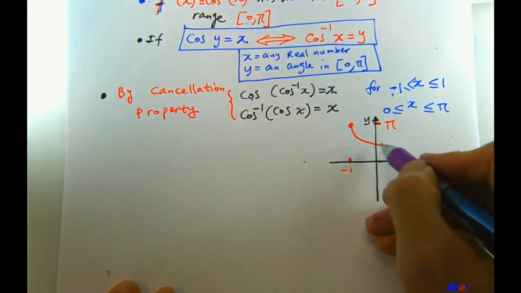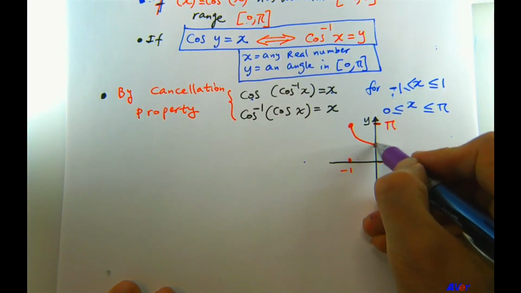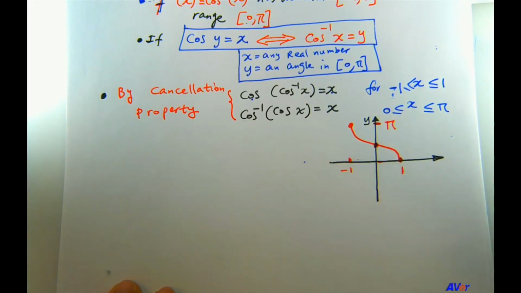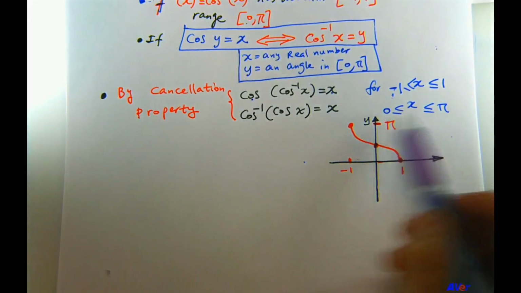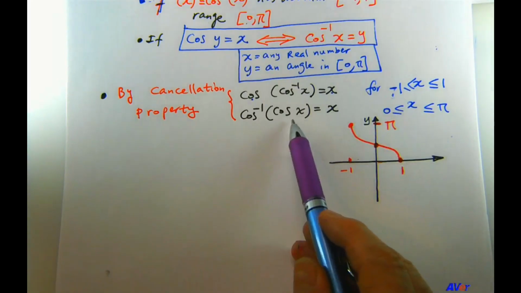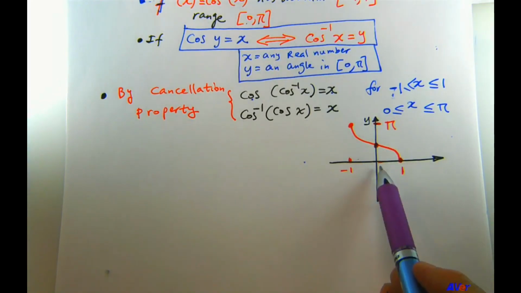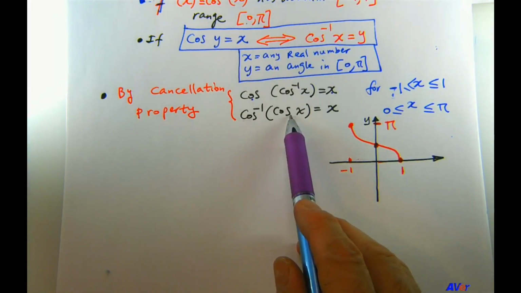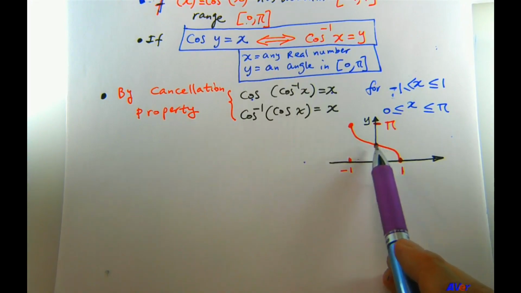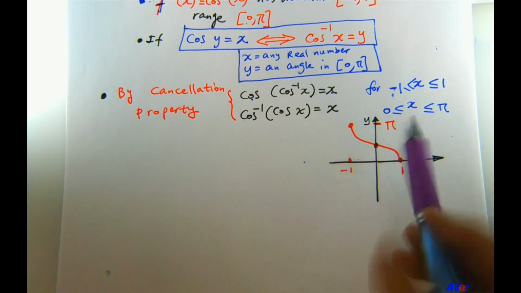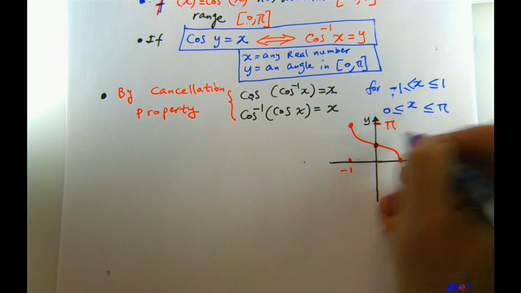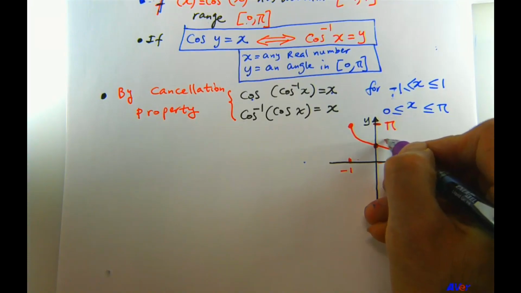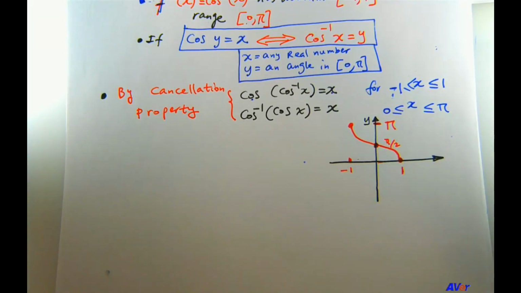Okay, and right there, that should be pi over 2. Let me see. So inverse cosine of 0. So this would be halfway. So that would be pi over 2. Yes, so pi over 2.